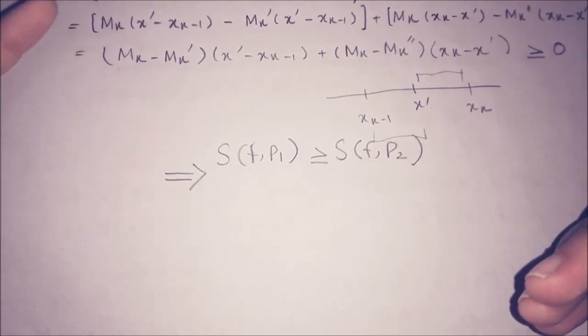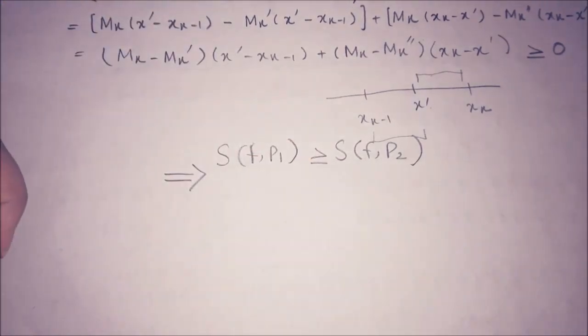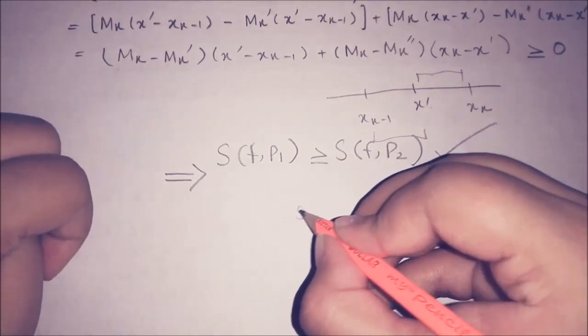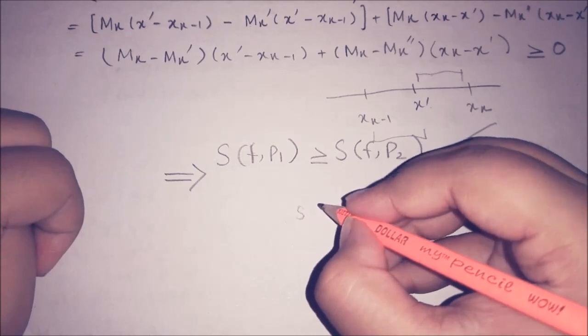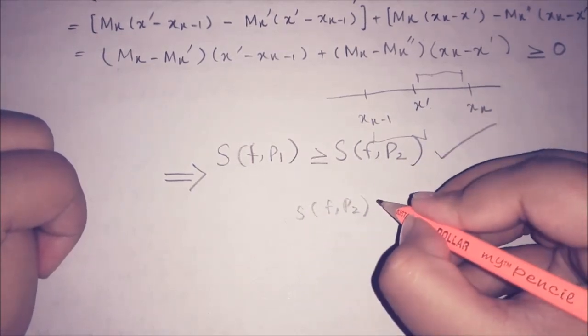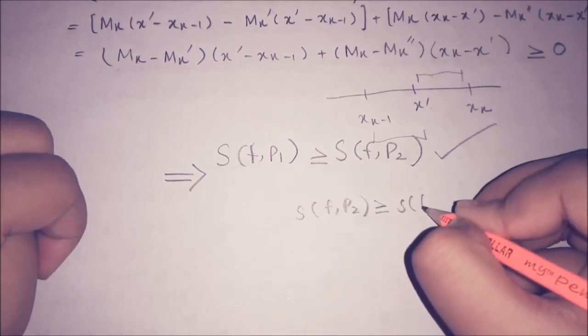The upper sum of the finer partition will be closer to the actual area under the curve. So this is a very important relation, and similarly we can write that the lower sum of P2 is greater than the lower sum of P1.